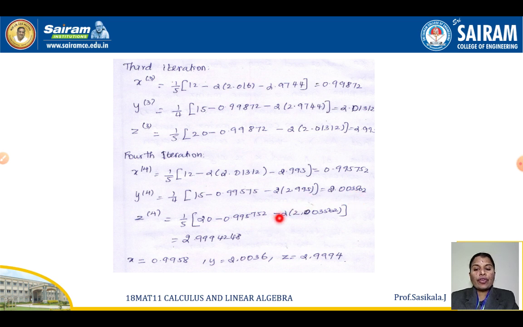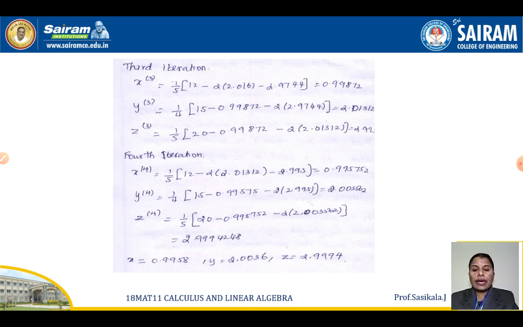And z4, substituting your x4 and y4, I'll get 2.9994248. Since the question asks for only 4 iterations, the fourth iteration values x4, y4, z4 are your final answer.